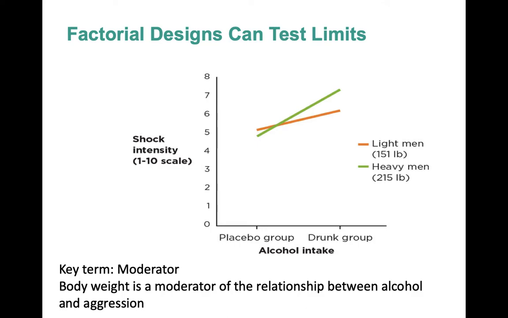So what we would say here is that the effect of alcohol on aggression depends on a man's body weight. Body weight is a moderator of the relationship between alcohol and aggression, such that there is a stronger positive relationship between alcohol and aggression for heavier men than there is for light men.